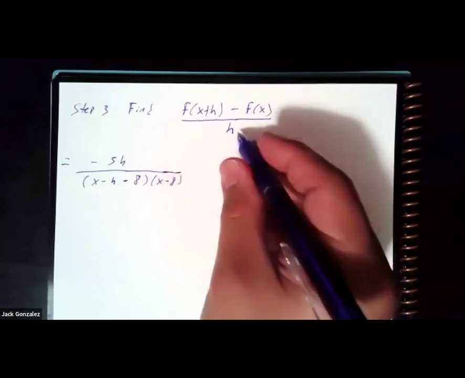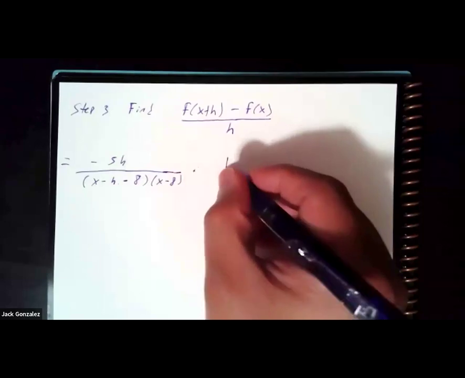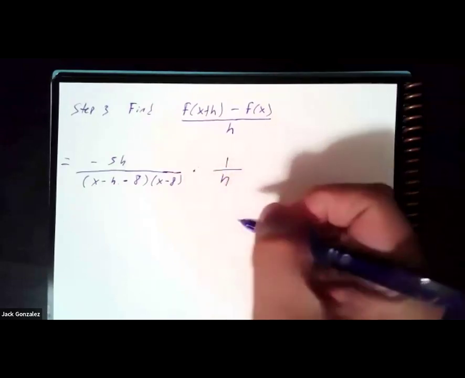Now, dividing by h is the same as multiplying by 1 over h. You guys cool with that?